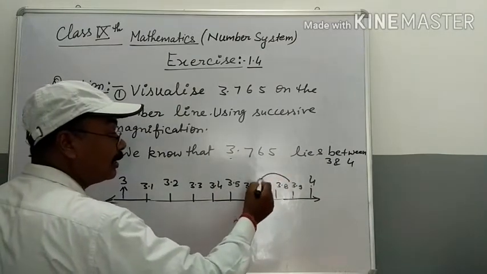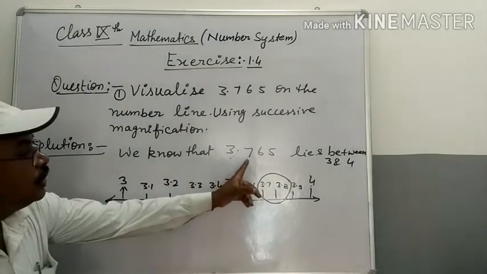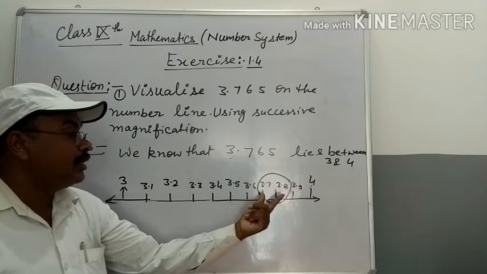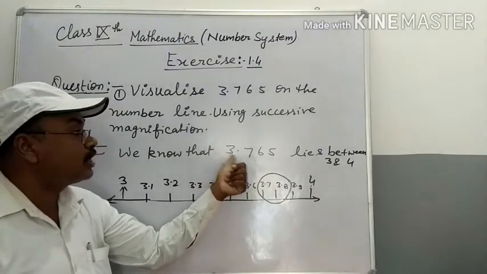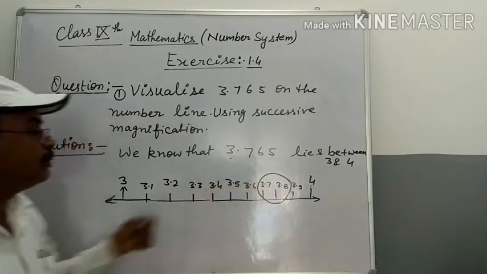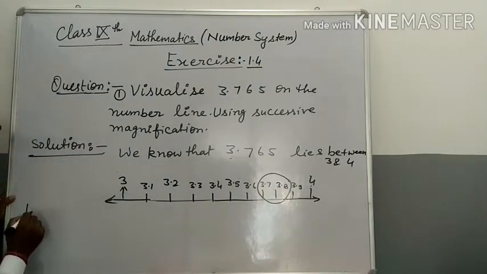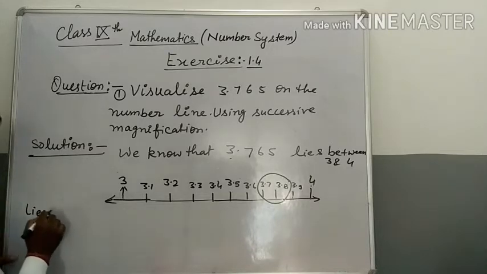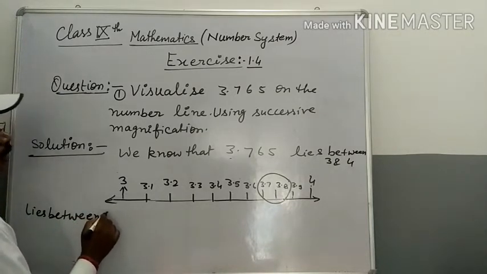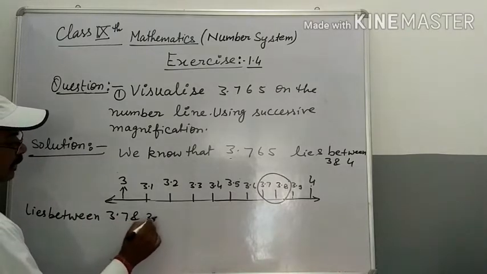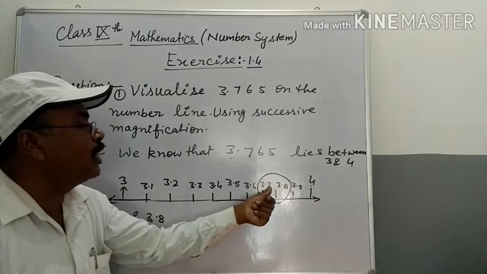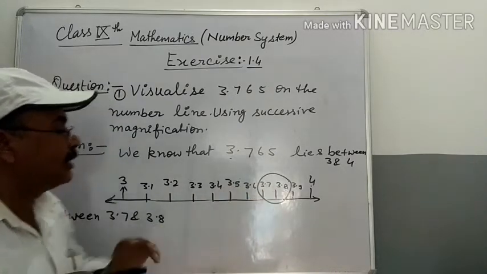This number lies between 3.7 and 3.8. 3.765 lies between 3.7 and 3.8. The next number lies between 3.7 and 3.8.